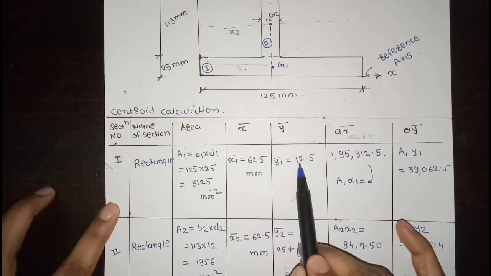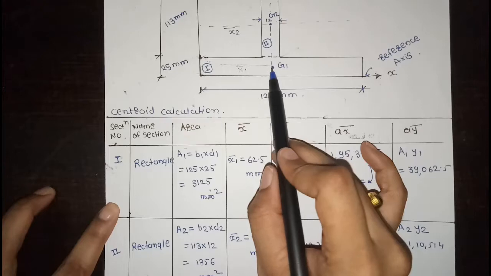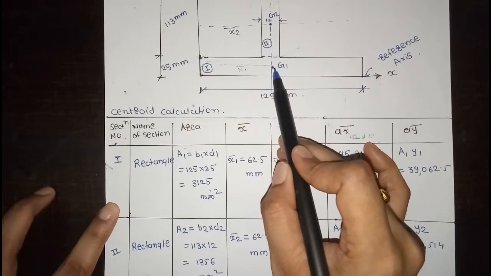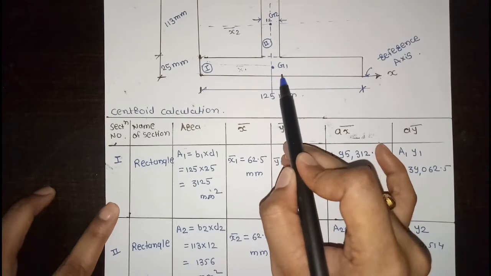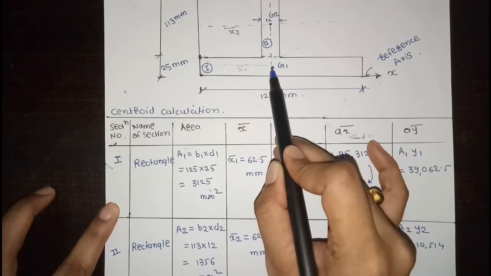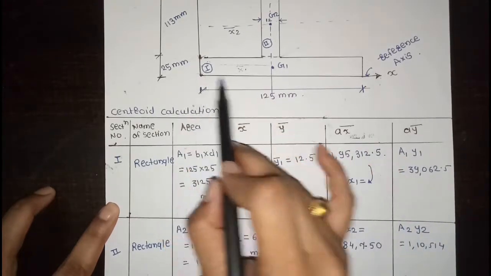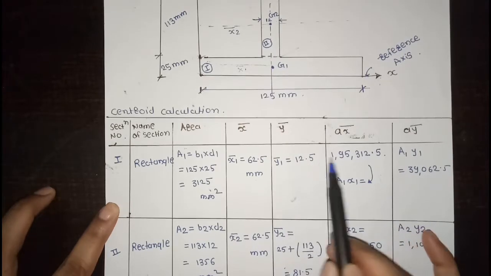Then y1 bar 12.5. What is meant by y1 bar? The distance between point G1 to base of x-axis means 25 divided by 2, then we get y1 bar 12.5.